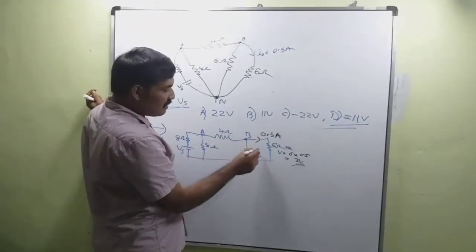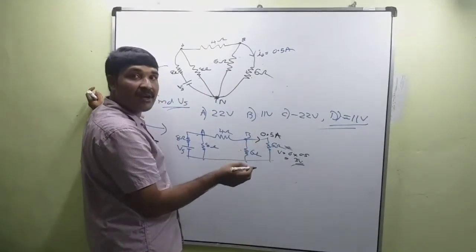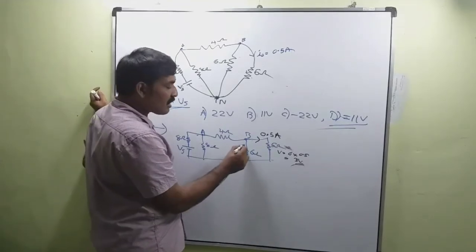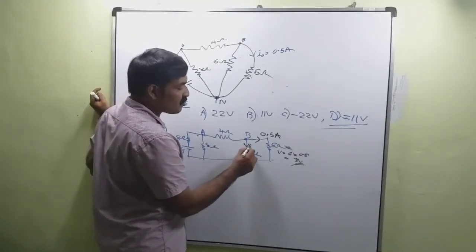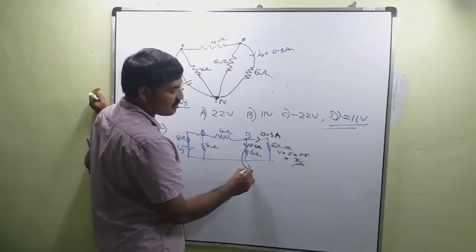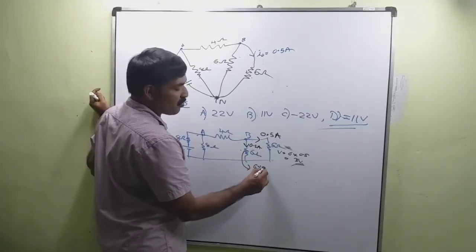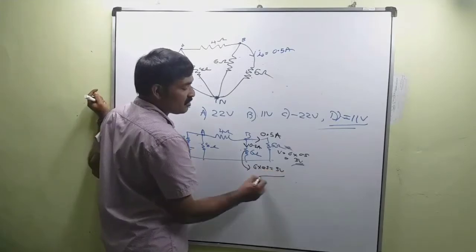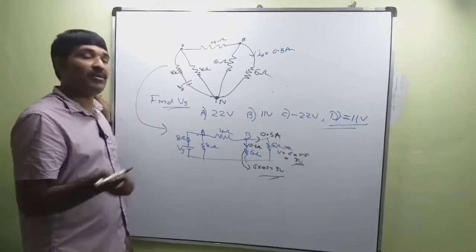Now, since these resistances have equal magnitudes, the current through this resistance is also 0.5 ampere and the voltage across this resistance is 6 × 0.5, that is equal to 3 volt. So these are parallel, both have the same voltage.